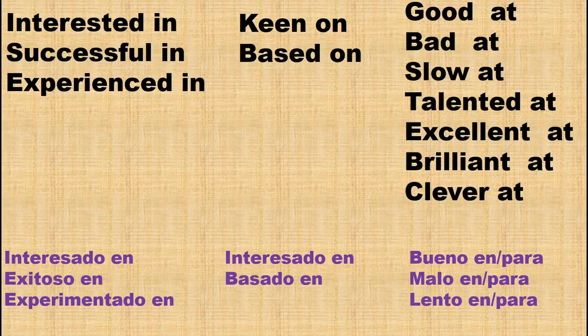Por ponerte ejemplos de esto que te acabo de decir, si quieres decir en español, estoy interesado en aprender inglés, lo dirías, I am interested in learning English. ¿Ok? Estás utilizando este adjetivo y a fuerza tienes que utilizar también esta preposición in. Si quisieras decir, soy bueno para las matemáticas, ¿ok?